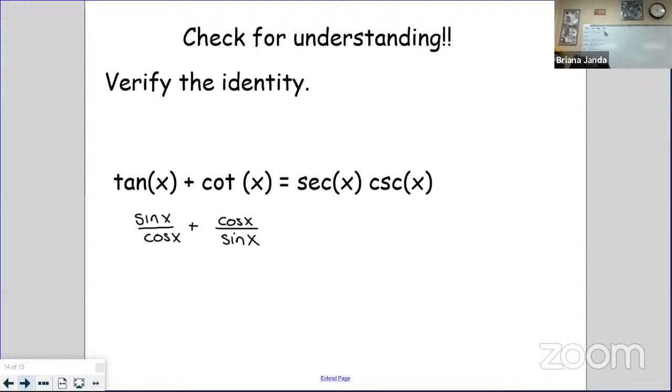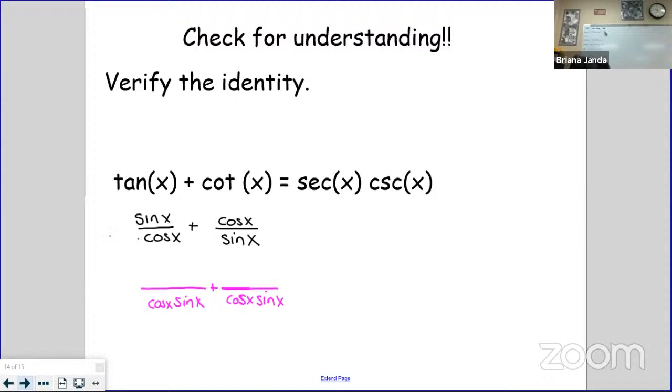And so what I would want to do is get a common denominator. Well, your common denominator has to have every denominator. So it has to have a cosine of x and it has to have a sine of x. And if you remember from algebra, then adjust your fractions based off of that common denominator.